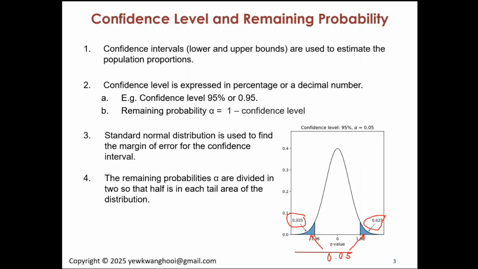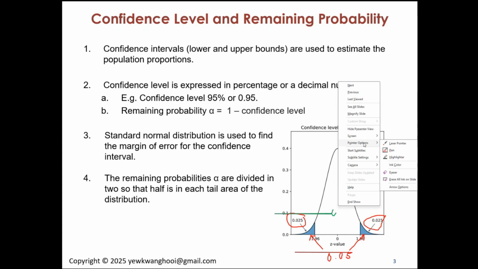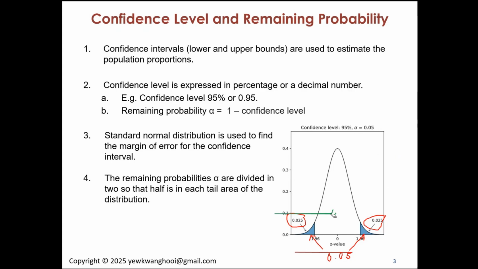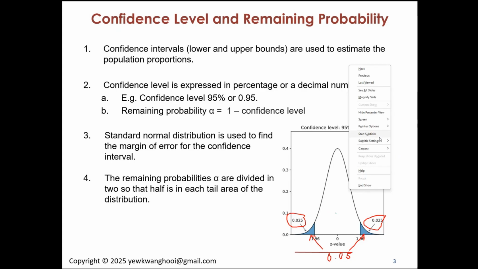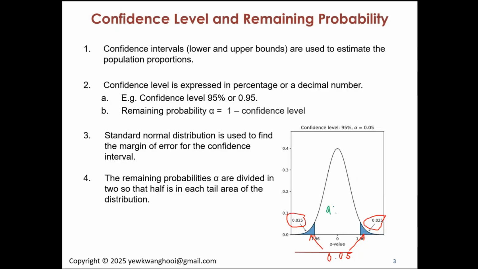So 2.5% on the left, 2.5% on the right, and here in the center is 95%. One part is not shaded, which is 95%, and the shaded part is the other 5%.